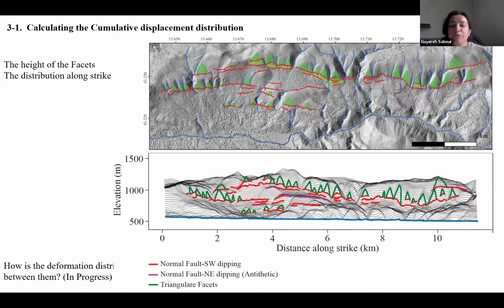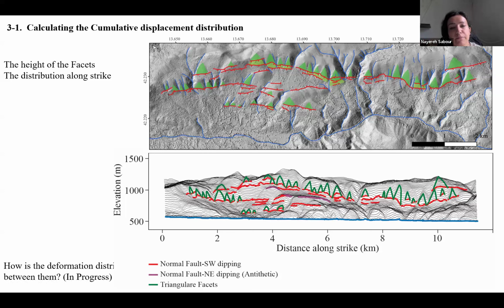Yes, we are calculating that. Here is a little higher than this part. Maybe we believe that it's distributed between the facets in this part if you look at them. But here it is concentrated, and there are some features that guide us to find which part is more mature than the other.